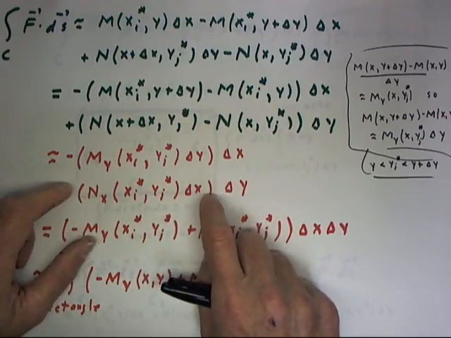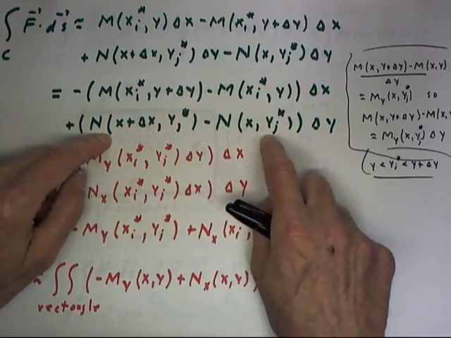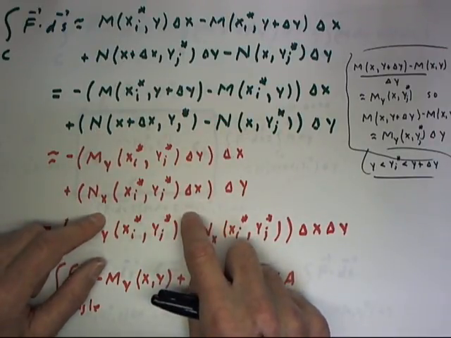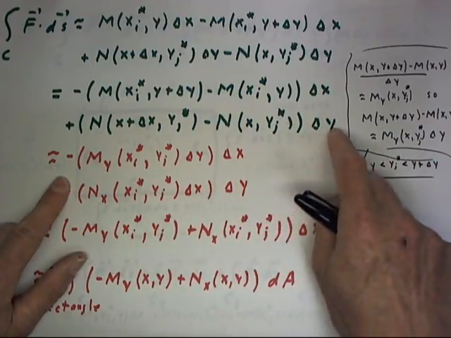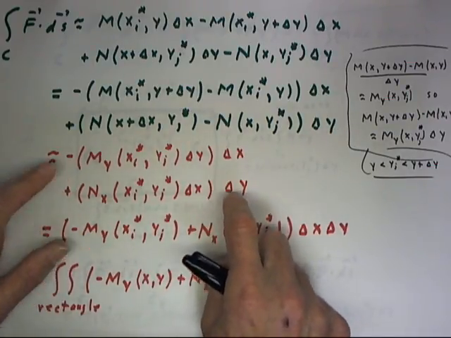That's going to give us the change in the value of n between these points, and this expression should be equal to this expression. We multiply by the delta y, we get this.